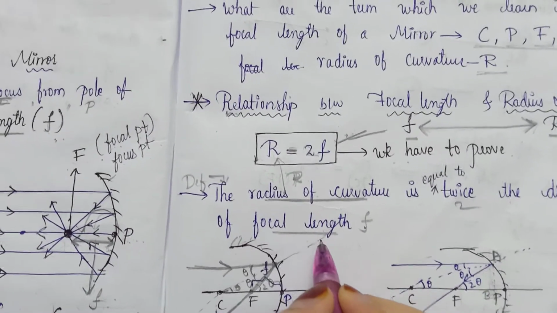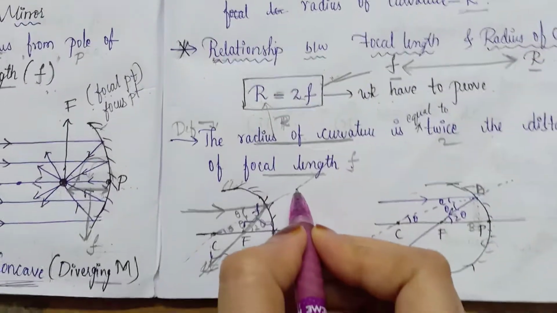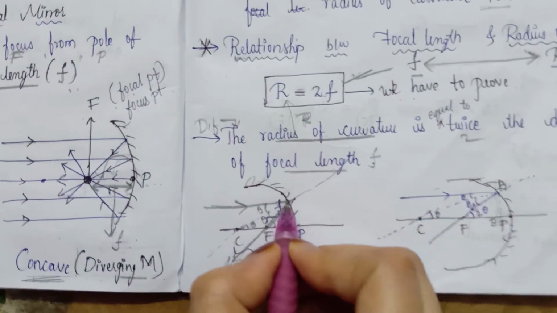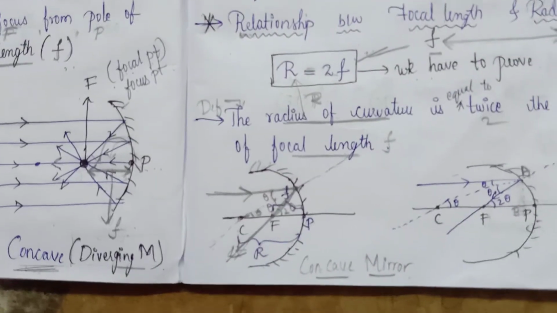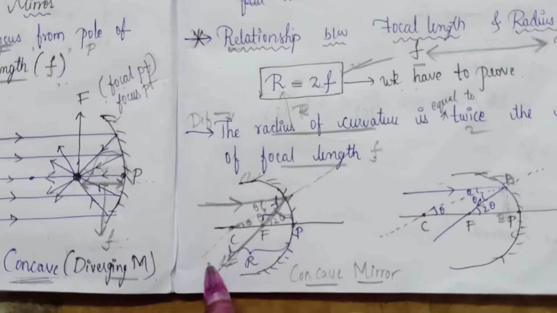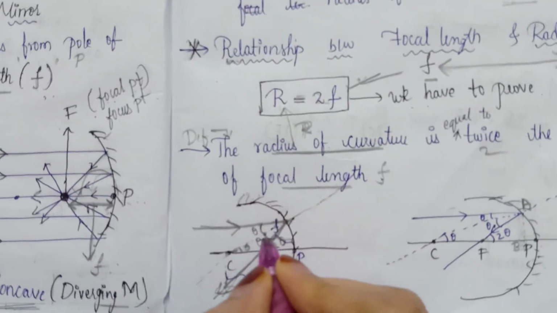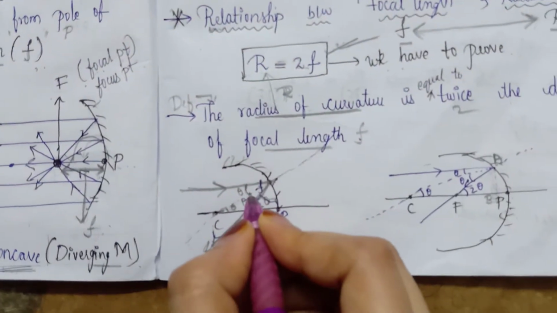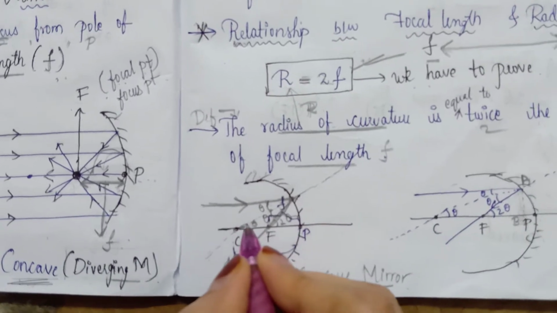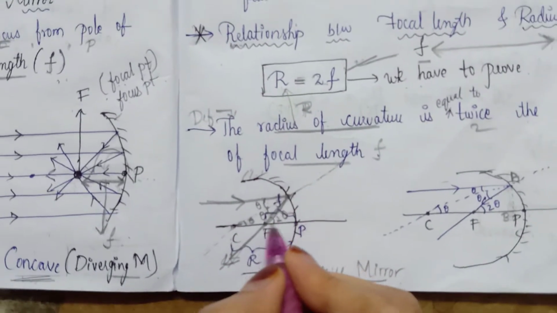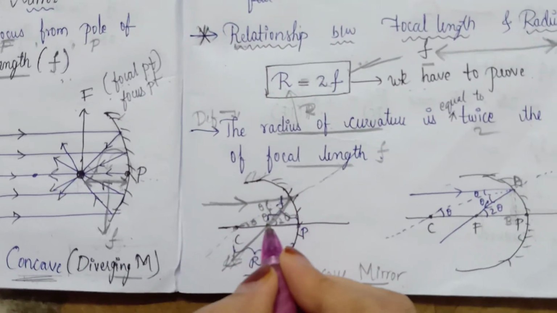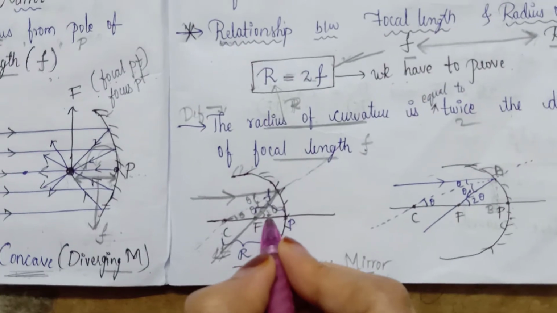At that time an imaginary line is passing through the principal focus and the center of curvature, which creates angles here: a small theta and the small theta. Here it also creates an angle, theta, and here it creates twice, 2 theta, as it has a Z shape, as you can see it looks like a Z shape.